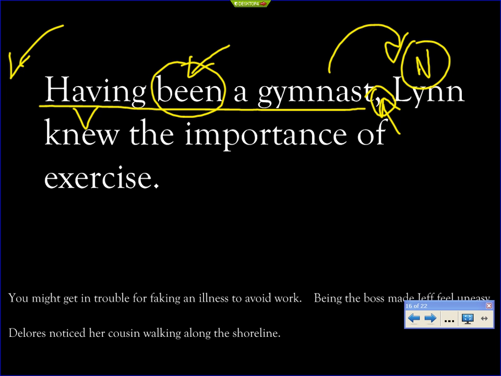There's some complexity in that word. In other words, there's a verbal inside a verbal. But let's just look at the overall verbal right now because I don't want to overwhelm you with that. Having been, having is your verbal, participial. And this entire phrase, having been a gymnast, tells you about Lynn. Don't worry about been right now. It is a past participle, so you're correct for noticing that there's something going on.